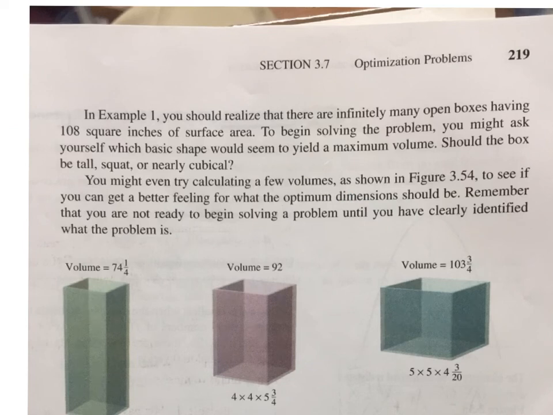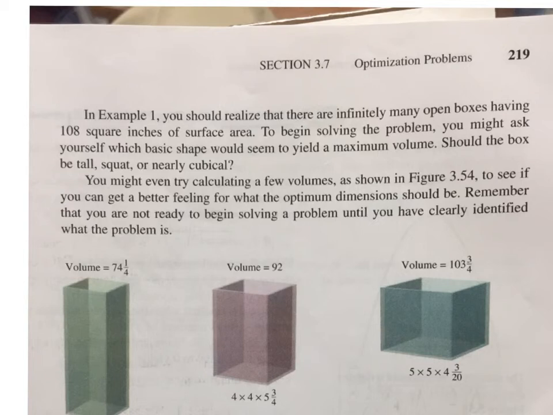Okay, so let's wrap it up with a bow on this problem. I love what the book says, and I never read the book to you, but I love what this says. In example 1, you should realize that there are infinitely many open boxes that have a surface area of 108 square inches. So the box could be this shape, or this shape, or this shape, all having the same surface area, right?